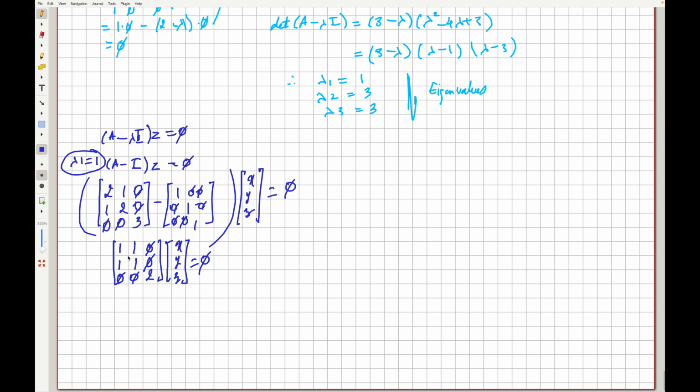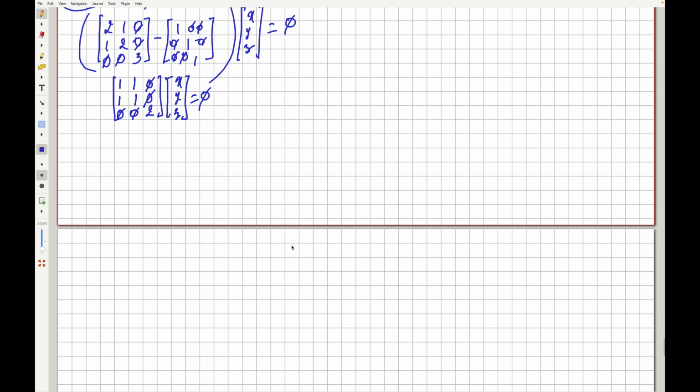What this gives us is the following. We have x plus y is equal to 0, that's what we get for the first two, and for the last one we simply have 2z equal to 0. That is essentially telling us that z is equal to 0, and the first is telling us that y is equal to minus x.